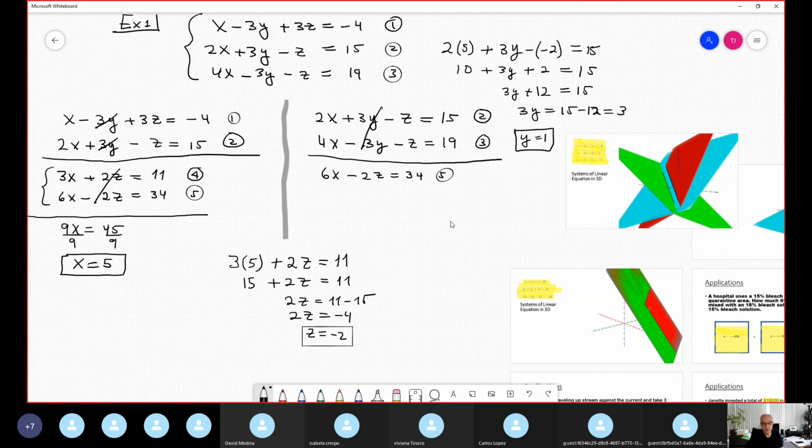Okay, our famous solution point is the ordered triplet, because we have 3 components. X, comma, y, comma, z. You write in that order, alphabetic order. X is 5, y is 1, and z is negative 2. End the story.